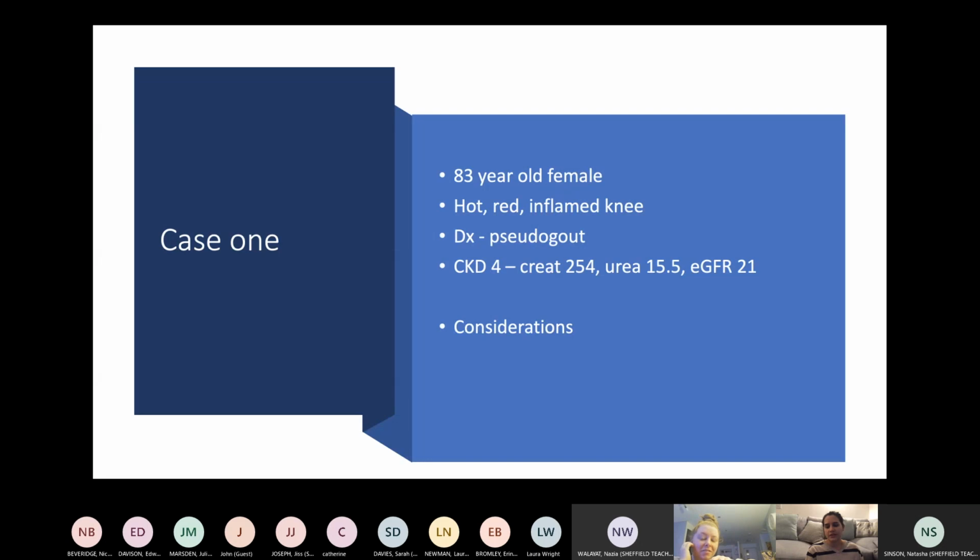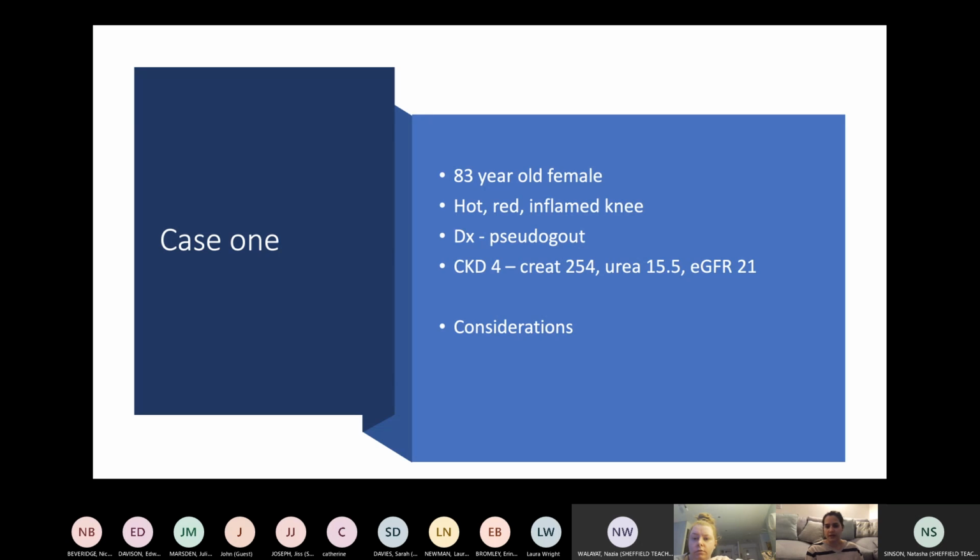So essentially, the first thing that you think about is looking at what she's on already. So what pain relief is she on already for this? Essentially, pseudogout should be an acute pain, so it's something that she will hopefully recover from in so many days as the inflammation resolves.